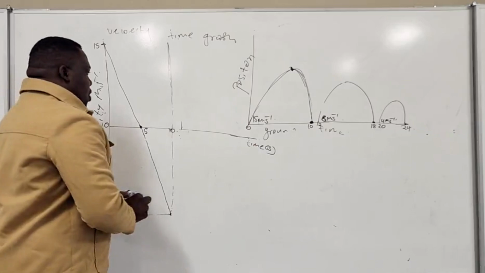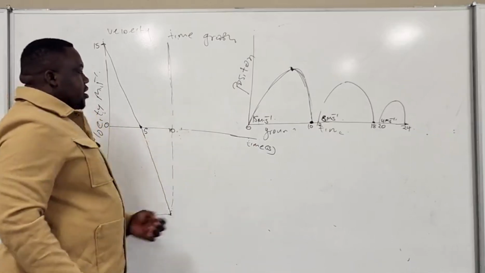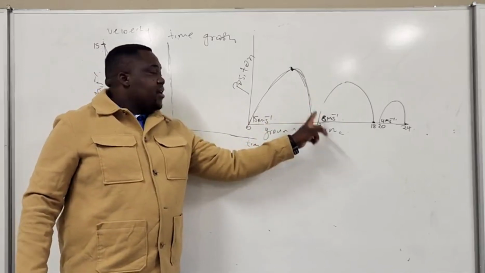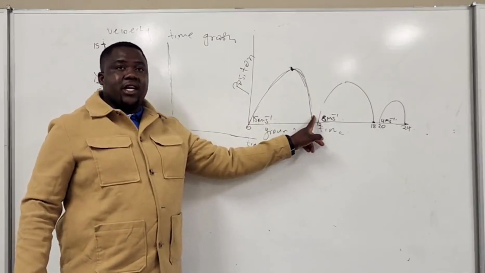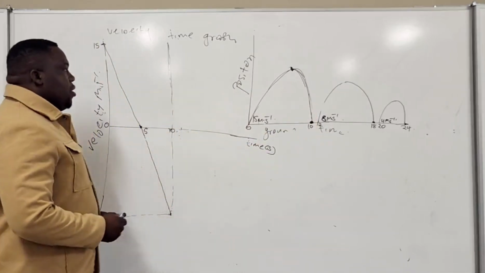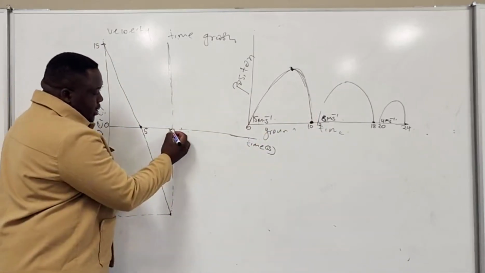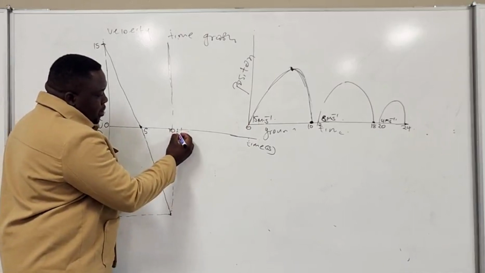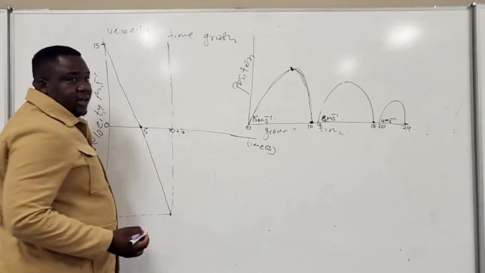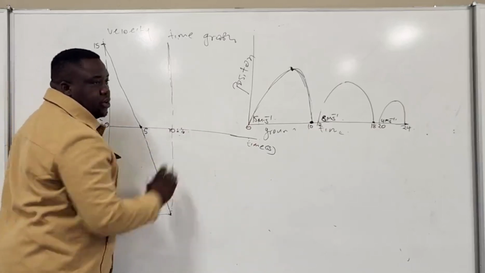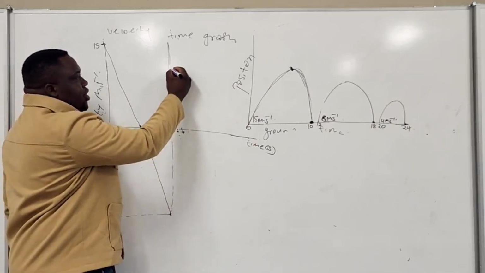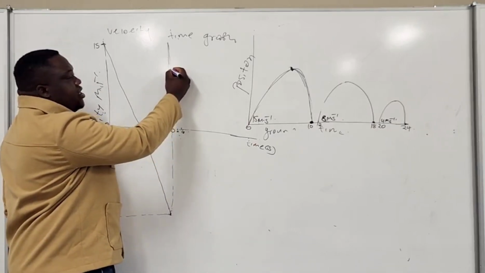Then, what we need to notice is that there is a space between the two graphs, and this space is because of the contact time. The time at which the ball was in contact with the ground. So, you know this is 10 seconds, right? Somewhere here will be 11 seconds, somewhere here will be 12 seconds. Because time does not stop moving. It means that you're not going to start to draw your graph here where it is going to touch the y-axis.